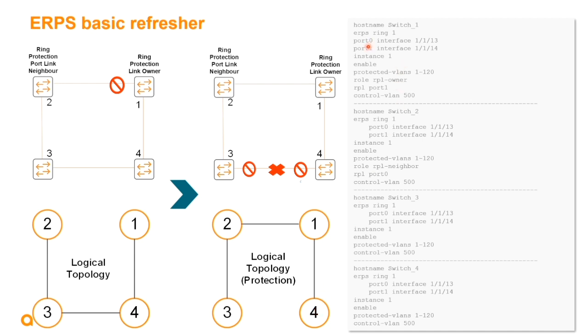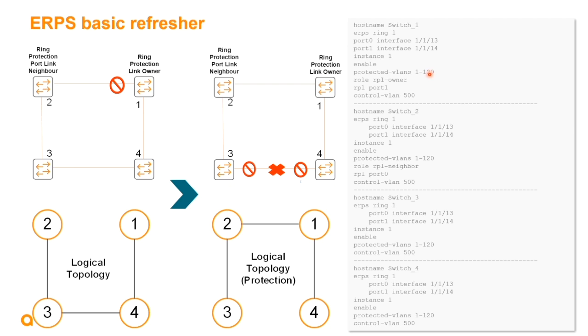I've also shown some very basic configuration for each of these switches in this 4 switch ring topology. We define the ERPS ring. We define the ports that ERPS is going to traverse over in terms of the protection of the links. We define an instance, enable it, then we define the VLANs that we're going to push over the protected links.